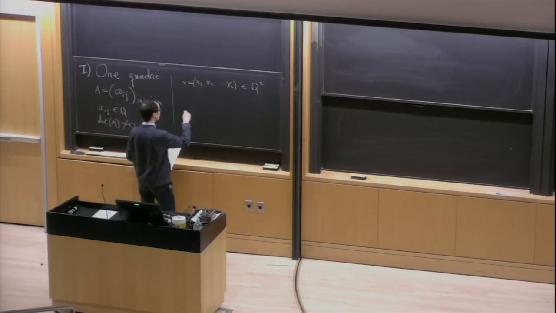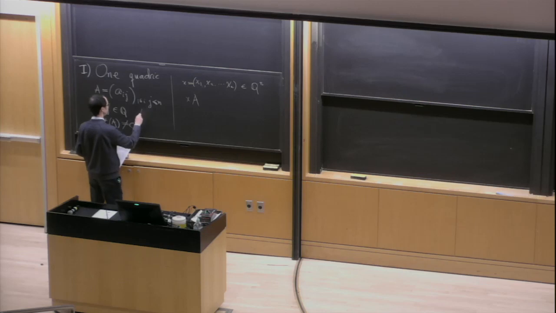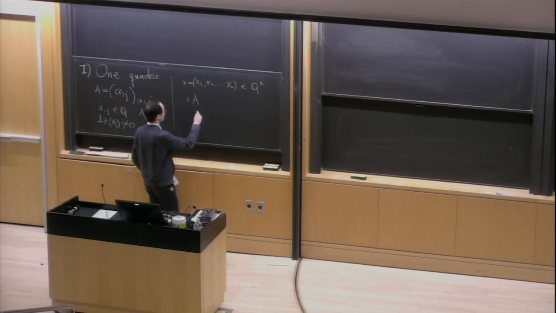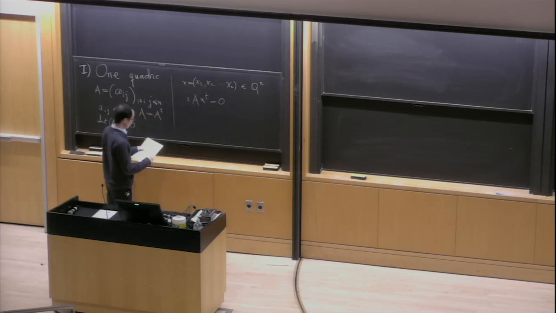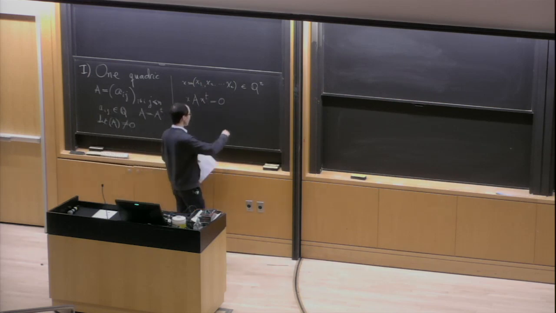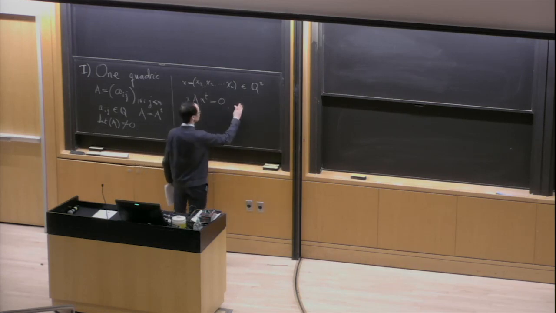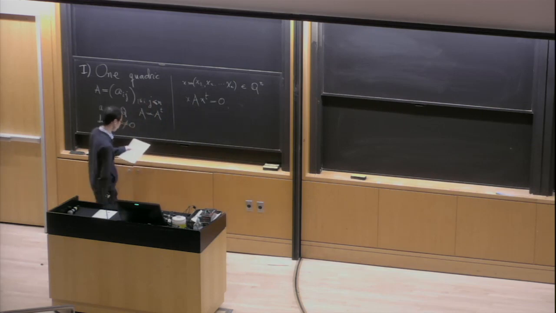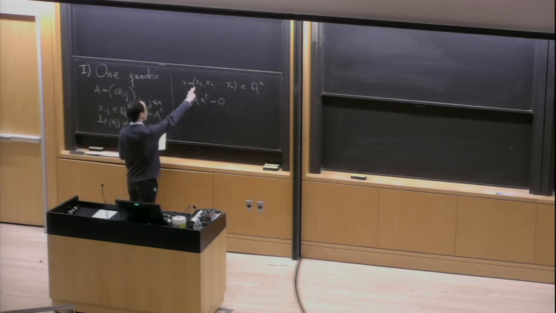So look at the quadratic equation defined by x times A times x transpose, with A symmetric, so A equal to A transpose. So that's the equation we want to look at, and we want to consider, of course, the solution being non-zero. So the question is, does this equation have non-trivial solutions, namely not simultaneously zero for all the coordinates?